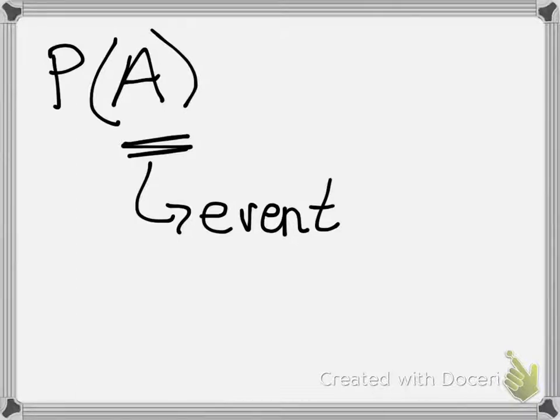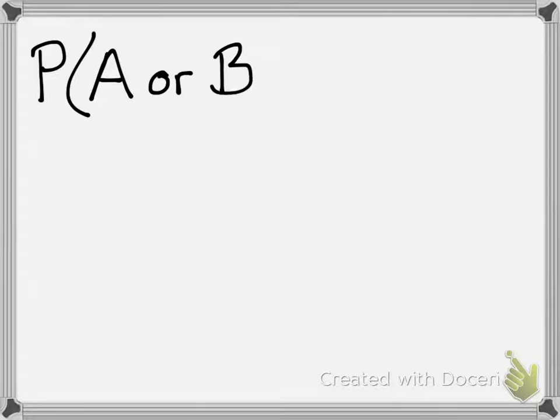Sometimes we might have the variables A, B, C. Other times you might actually have it written out inside those parentheses. So, lots of different things there. Now, there's a couple different things that we can look at. We can have two events, A and B here.